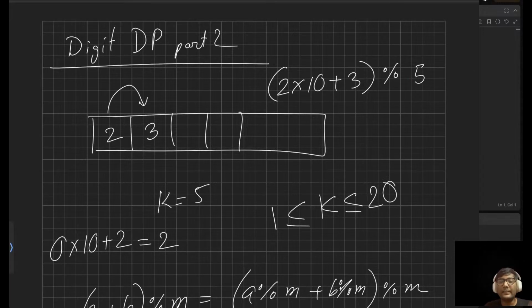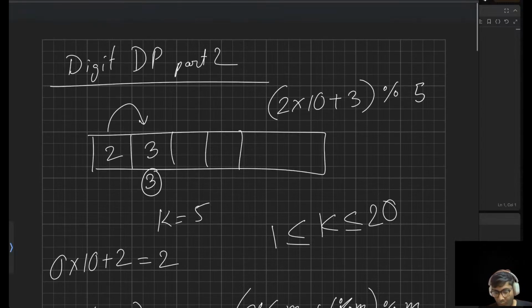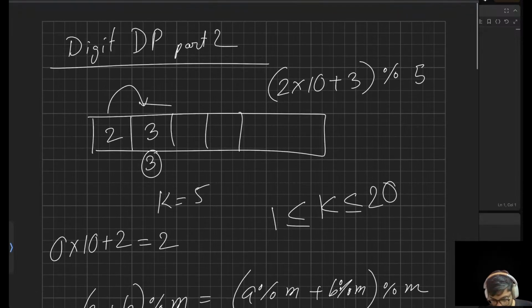So I take 2, multiply it by 10, add 3, and take modulo 5, and we get 3. And that is indeed right, 23 modulo 5 is 3. So what we will do now is treat 23 as 3.